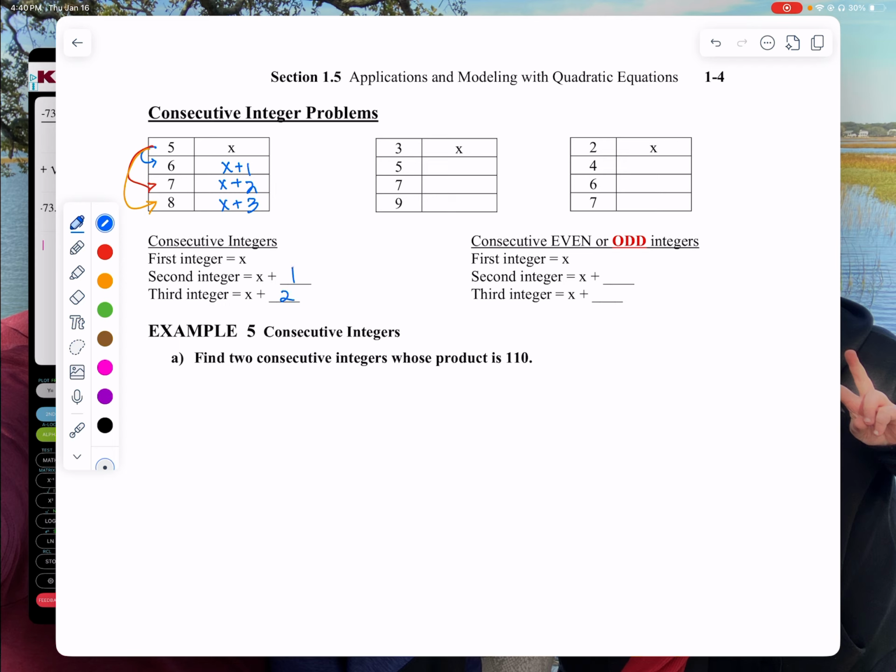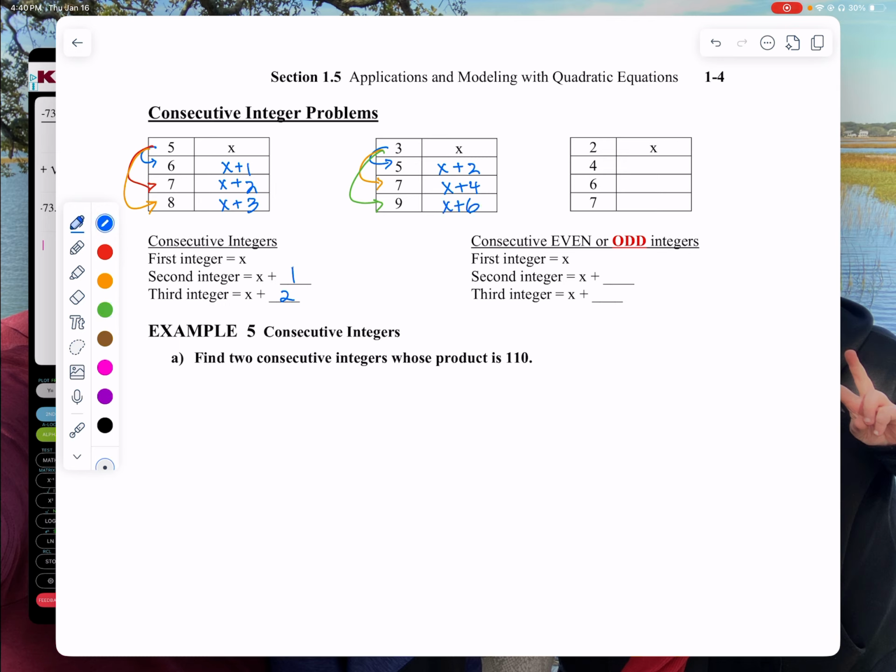Now let's look at consecutive even and odd integers. So let's go from 3 to 5. What do you add to 3 to get 5? We're going to add 2. To go from 3 to 7, what do we add? We're going to add 4. And to go from 3 to 9, we're going to add 6.